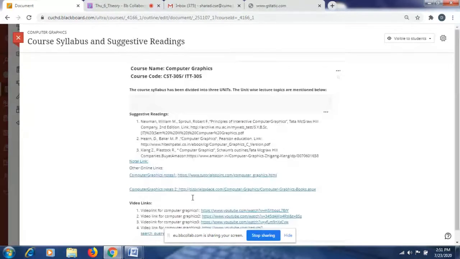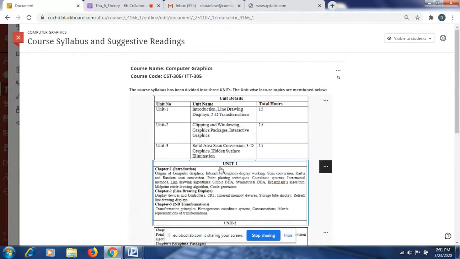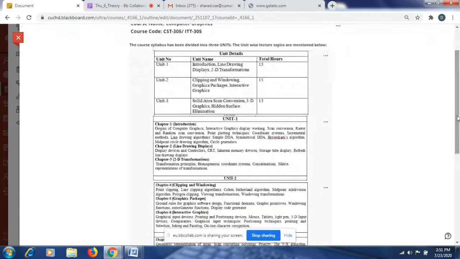There will be 3 units, and in the first unit you have the overview of computer graphics, interactive graphic display, scan conversion, raster and random scan system, point plotting techniques, coordinate system, incremental methods, and these are the important algorithms, that is line drawing algorithm.